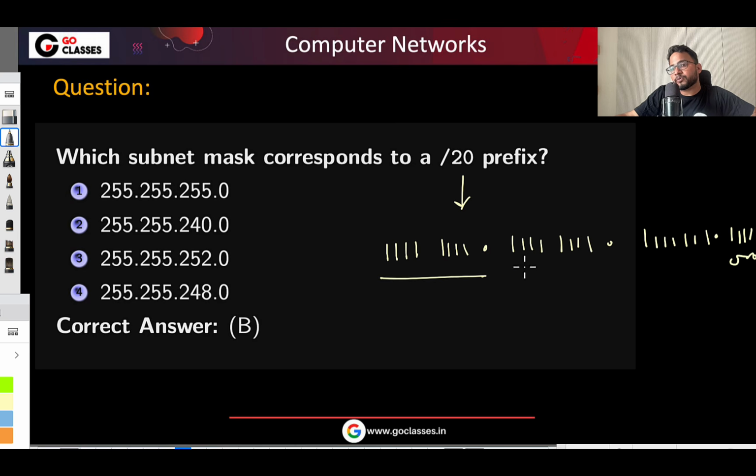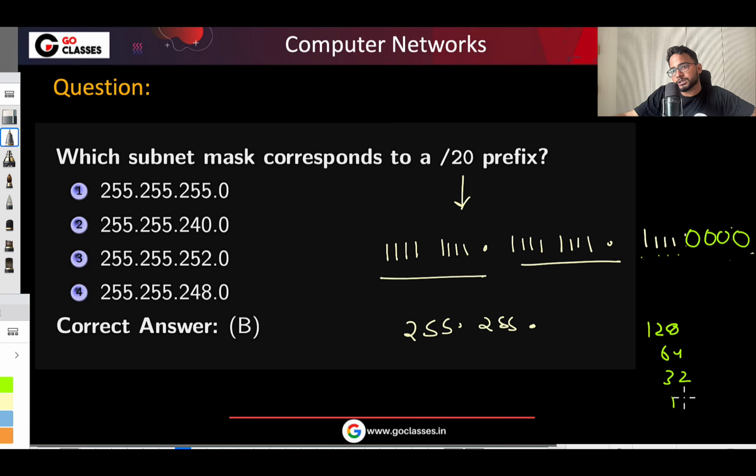So this is obviously 255.255. Here in the third octet you will have 4 ones and then zeros. So this number you can calculate as 128 plus 64 plus 32 plus 16.